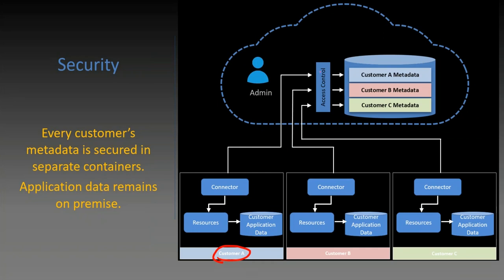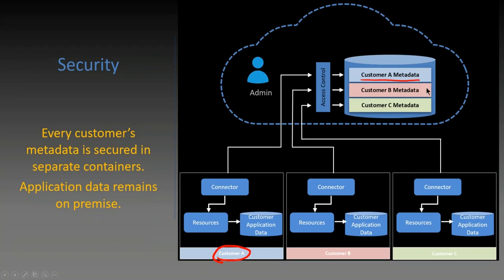These are then connected to the access control, and customer A has their own metadata, containerized and separate from all the other systems. Customer B's and customer C's metadata will never mingle. The only data in the cloud is the metadata that Citrix Studio or Cloud Director provide. Everything's basically locked down.